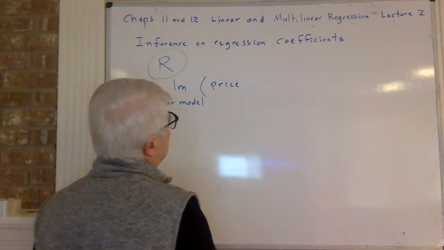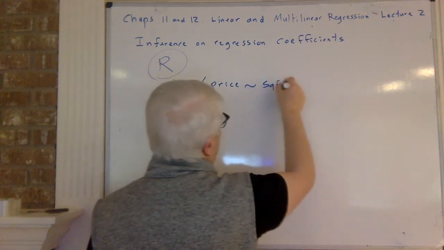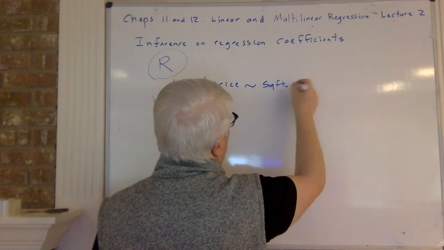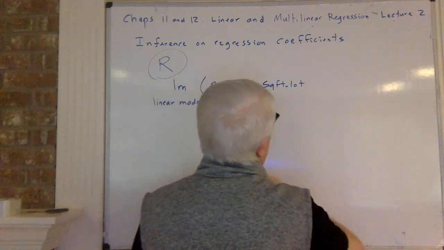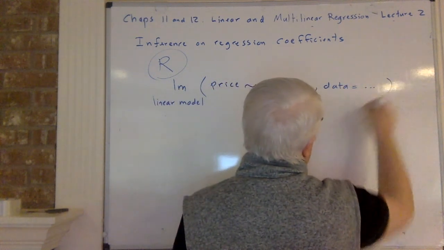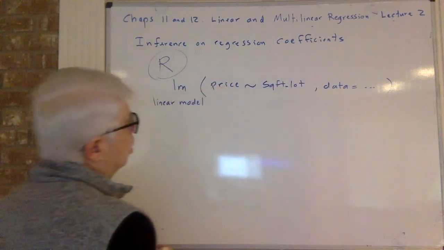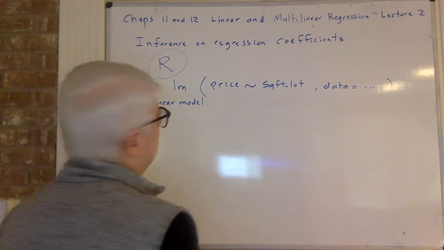So you write price, tilde, say, square foot lot. And then you say data, and you write the data, which is a data frame in R, and you can take a look at the notes that I posted.